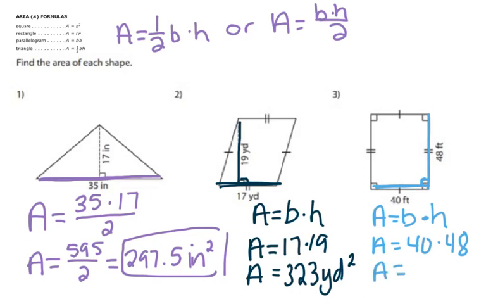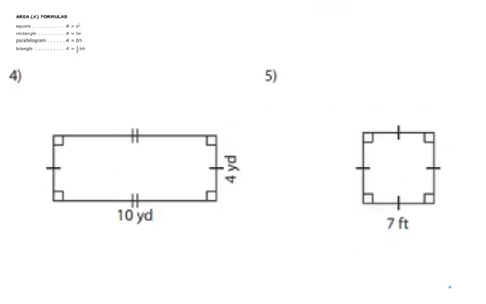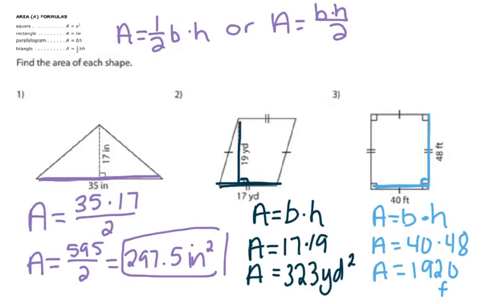So if we do 40 times 48, we get 1,920, and our units is feet squared.